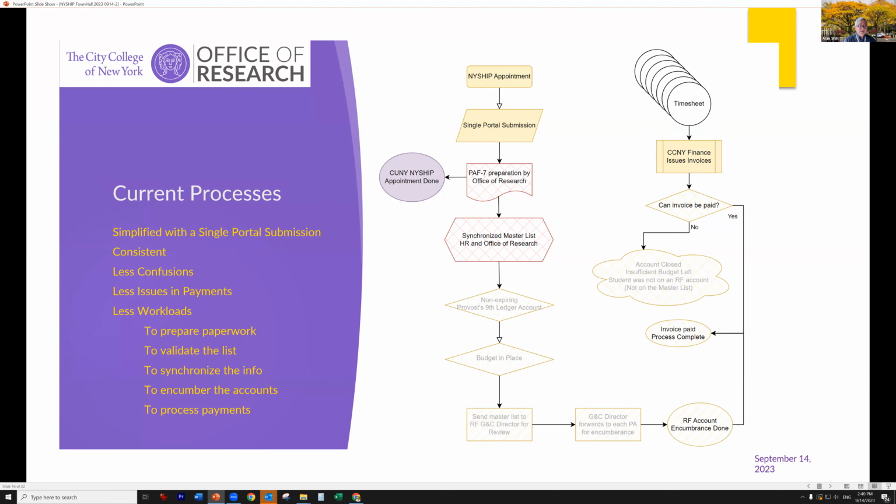And we prepare the PF7s for all the students going through this portal, so that hopefully helps the staff and PI minimize their administrative work. And then we provide HR with more consistent paperwork and hopefully reduce the confusion and so forth.